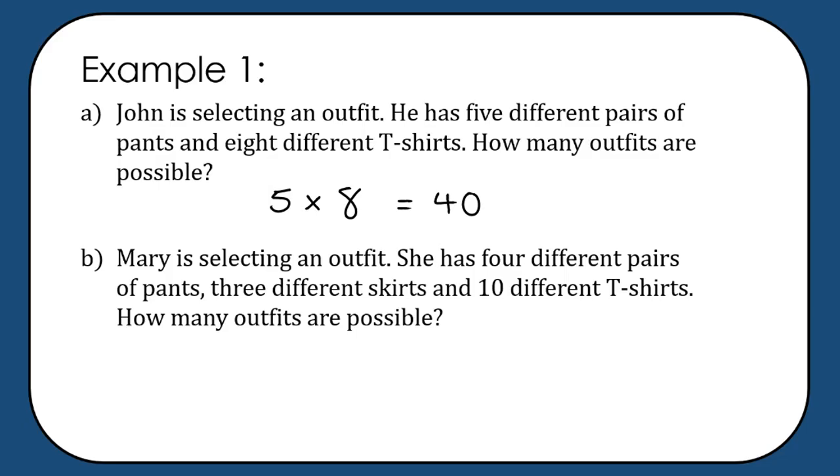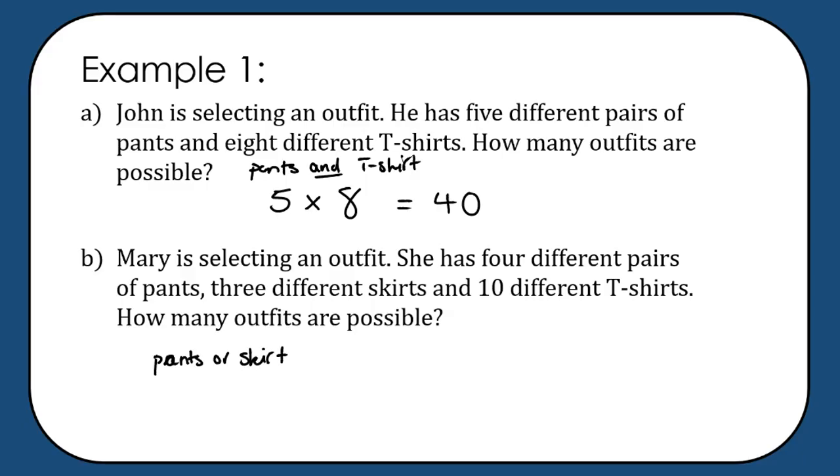Mary, on the other hand, is selecting an outfit, and she has 4 different pairs of pants, 3 different skirts, and 10 different t-shirts. Whilst John was going to wear pants and a t-shirt, Mary's going to wear pants or a skirt.